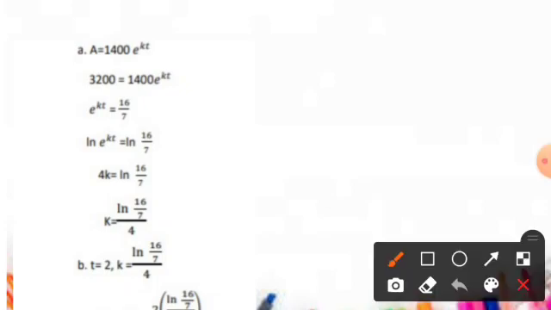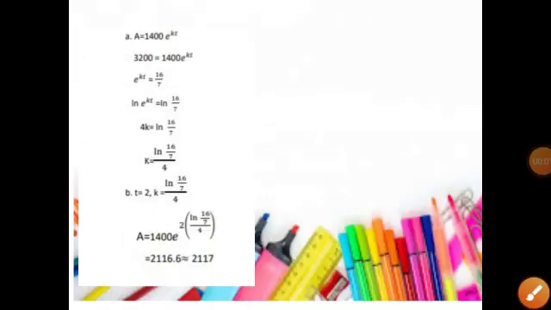So 4k, because the time given is 4 hours, so 4k is equal to ln of 16 over 7. So just copy: k is equal to ln of 16 over 7 divided by 4, which is our time. So our constant k is this.